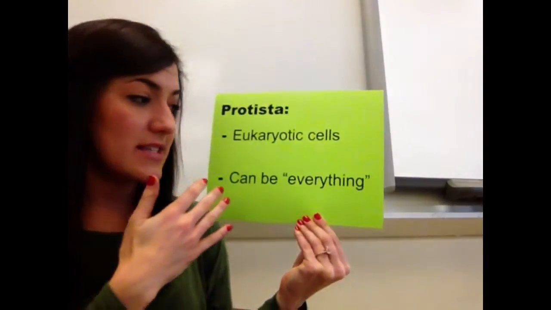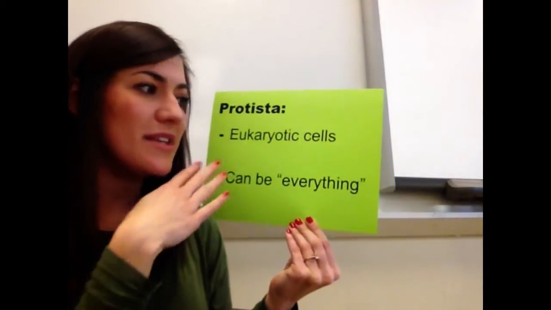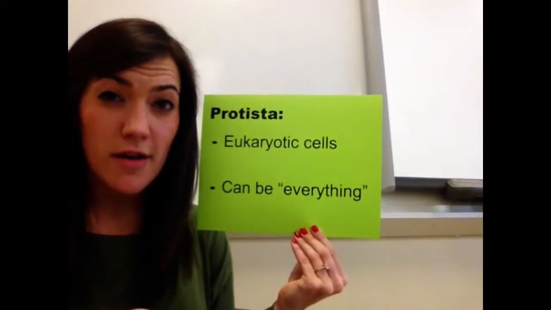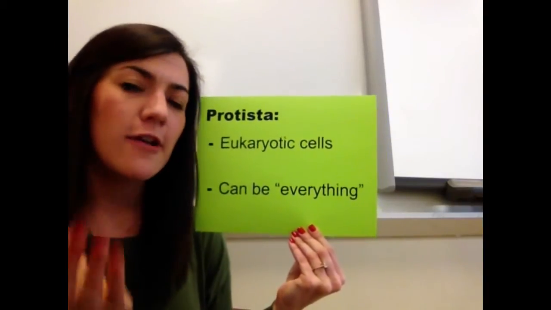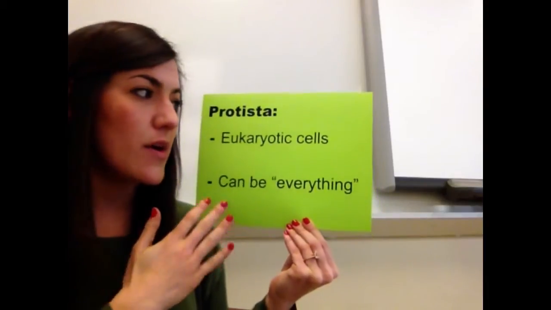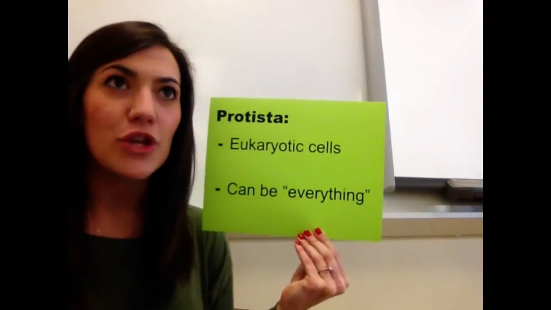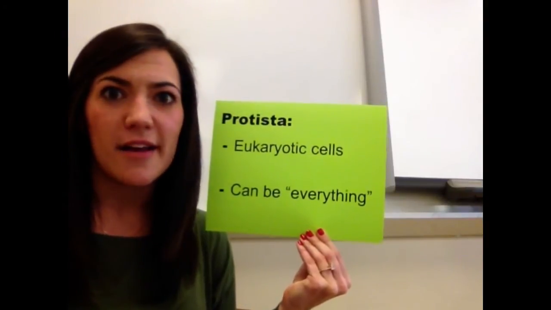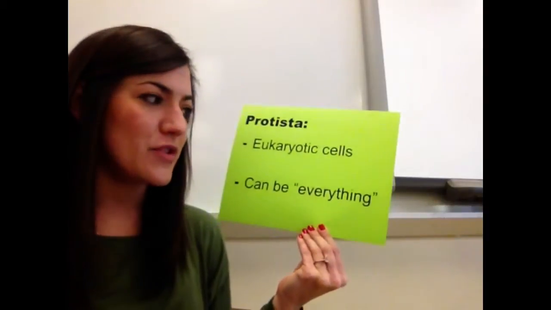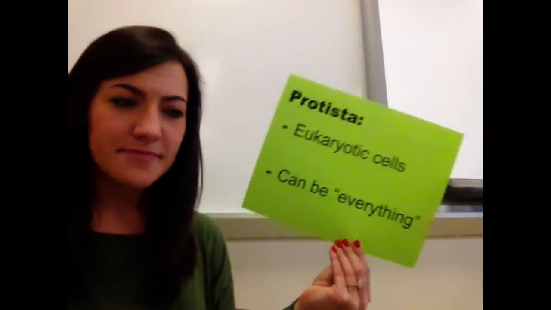And so these guys, they can have cell walls, they cannot have cell walls. So these guys we sometimes call the junk drawer of organisms, because so many things that don't seem to fit in any other category fit in the protist kingdom. And so a couple of common examples are amoeba or euglenas. Those are the ones that you'll see a lot of. Paramecium, you'll see a lot of those as the protists.